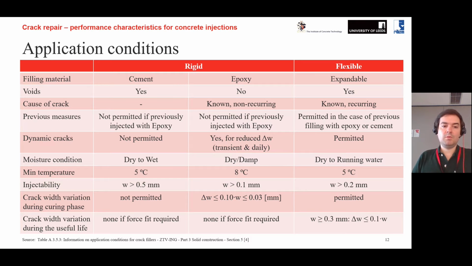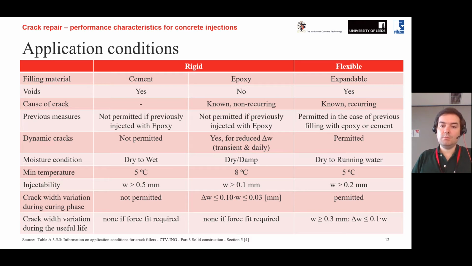Injectability basically means which material can fill the minimum crack width. So we can inject down to 0.5 millimeters with cements, epoxy 0.1, although we know that water only flows above 0.3 millimeters, but epoxies go down to 0.1, and there's nothing that goes less than that, by the way.